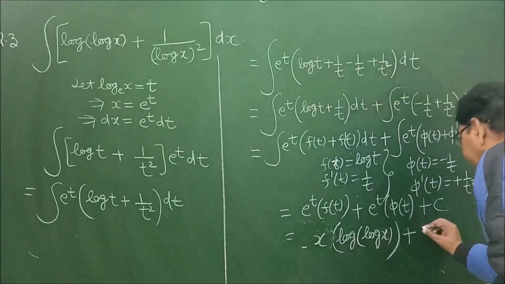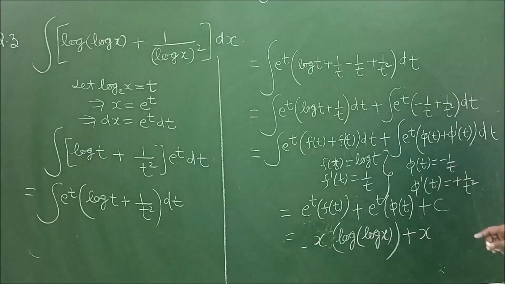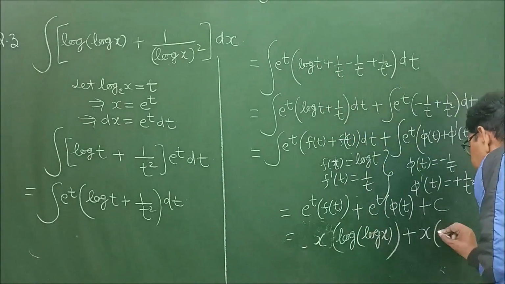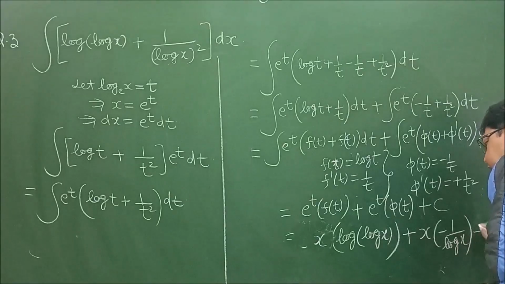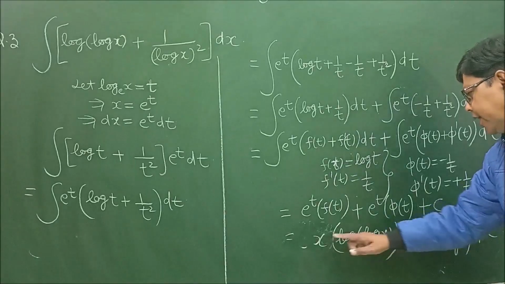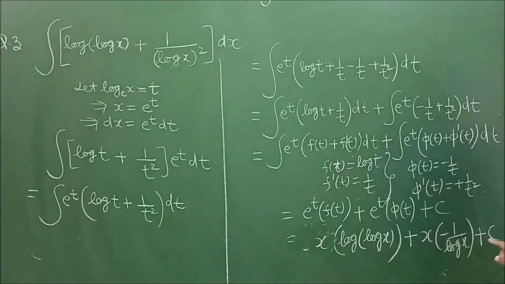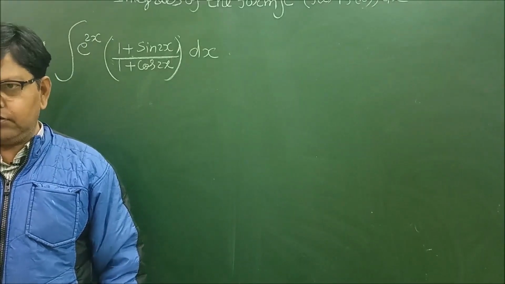So plus x, and the function phi(t) is here minus 1 upon t, and t is equal to log x. So minus 1 upon log x and plus c. So the final answer of the question is x log x plus x into minus 1 upon log x plus c.